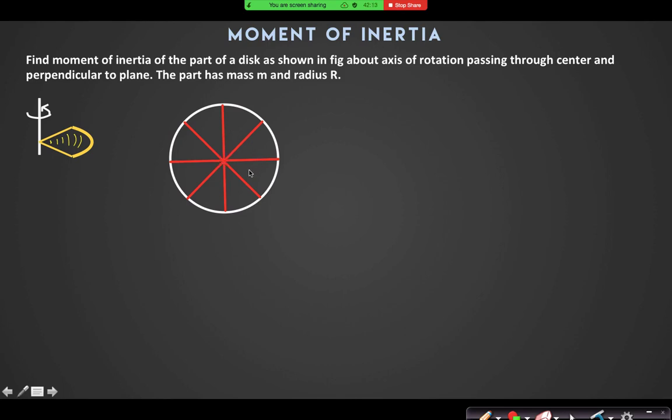Yes, sir. So if I say that the mass of this segment is m and the moment of inertia is I, then if there are n such segments, n into I is equal to the total mass of the disk, n into m, into r square by 2. Can I write it?